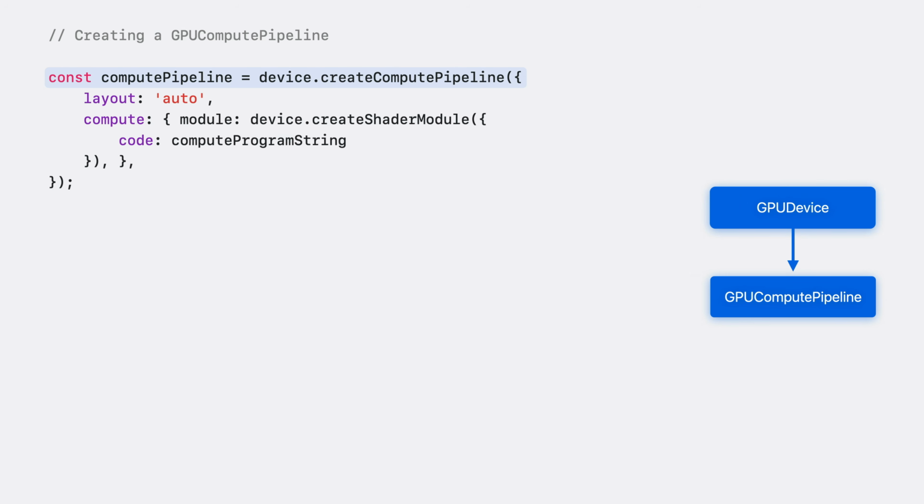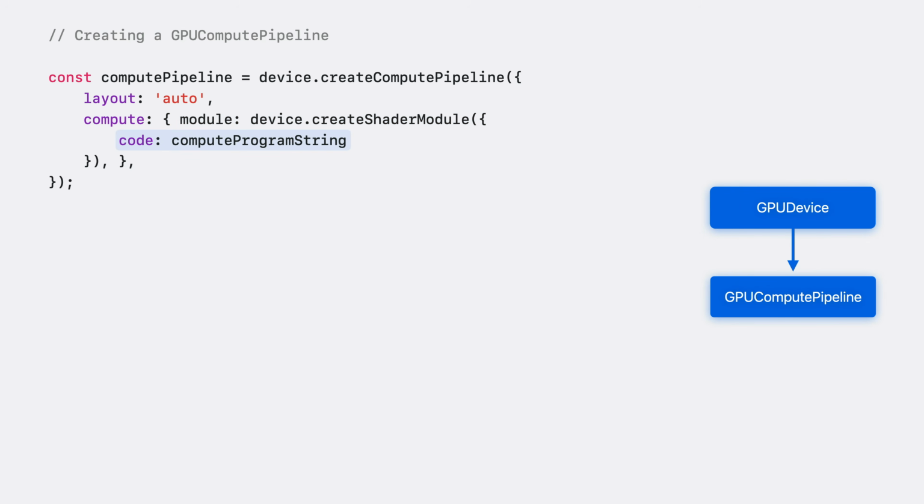To create a compute pipeline, simply call device.createComputePipeline, passing either a bind group layout or the constant auto identifier, which generates a layout from the shader. A layout is a structured way buffers, textures, and samplers are passed from the API to the GPU program. A shader module is required to create a pipeline.